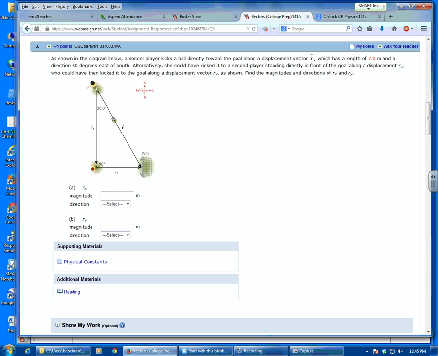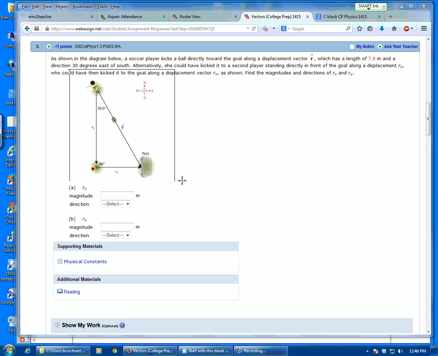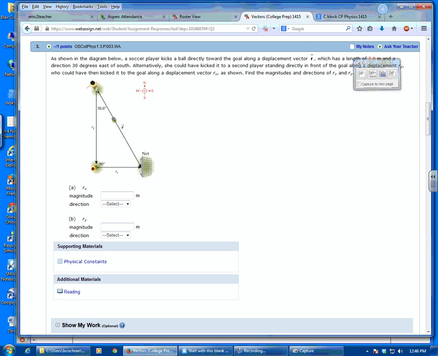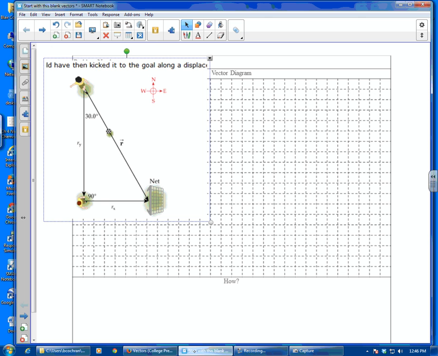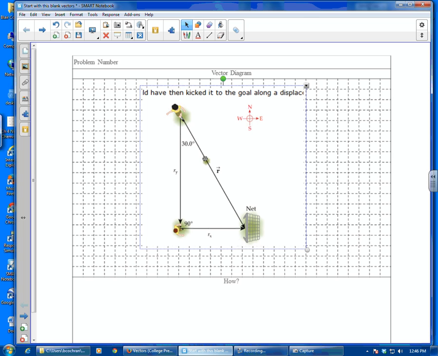So I'm going to grab that because I don't feel like redrawing that diagram, since that diagram is nicely already a vector diagram for me.